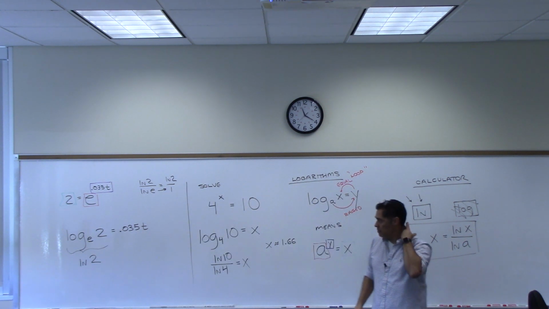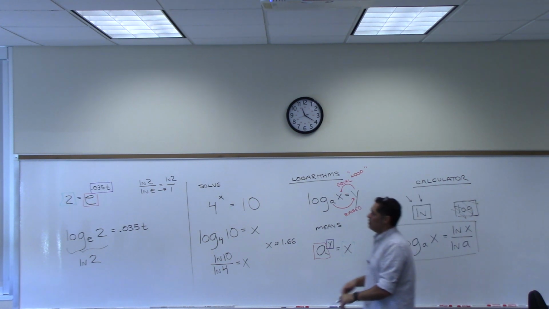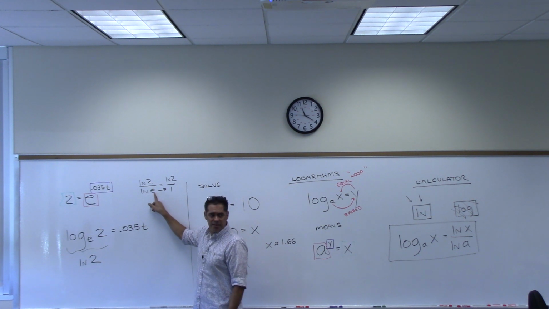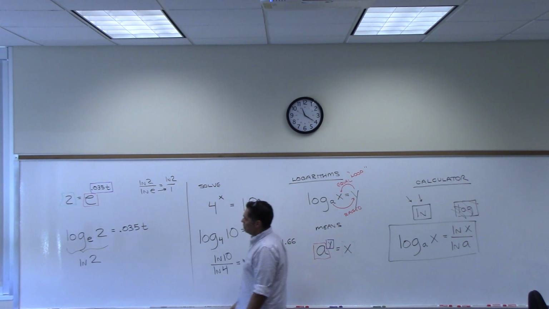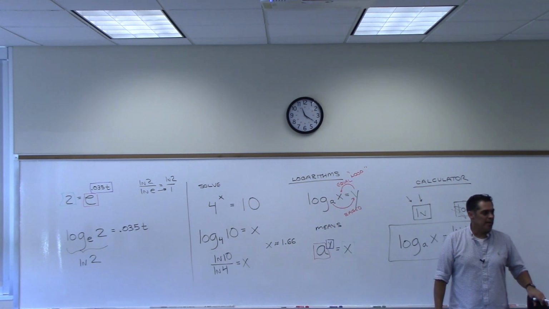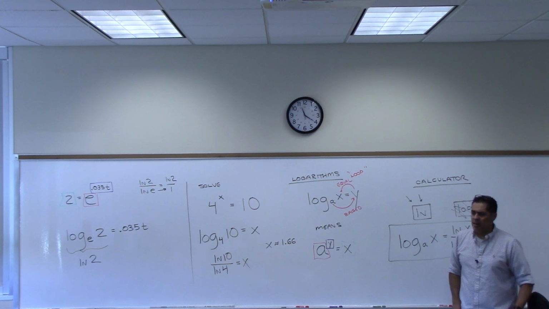What do y'all get? Did anyone do it yet? Either do natural log of 2 or natural log of 2 over natural log of e. Remember the e key? We looked at that last time. Who has an answer? I do. 0.693. Anyone else have that?